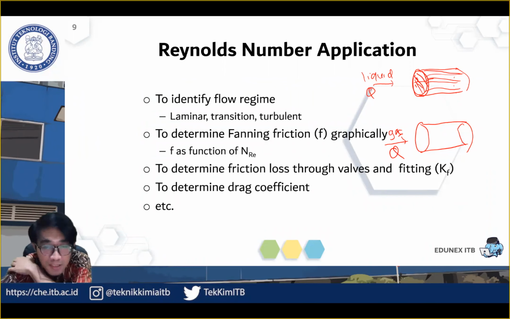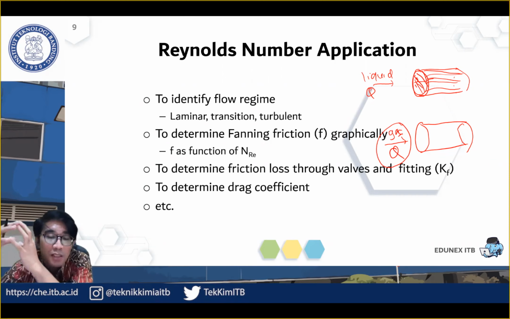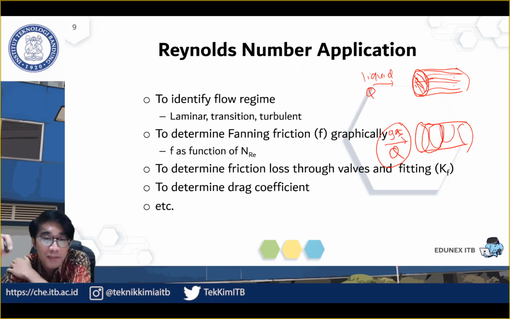How about gas? Air. If you flow the air into the pipe, no matter how much the velocity or the flow rate, or no matter how big the diameters, the air will be fully occupying the pipe, right? You can imagine the differences, right?